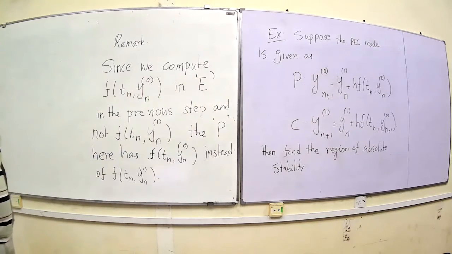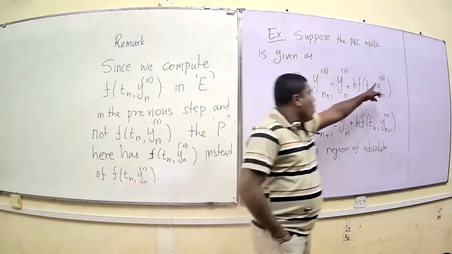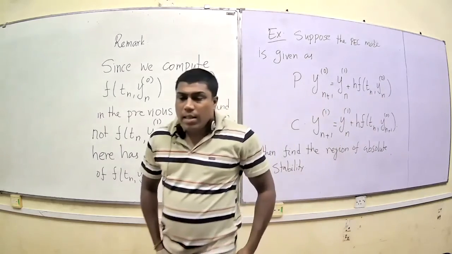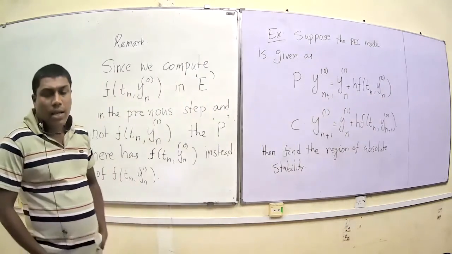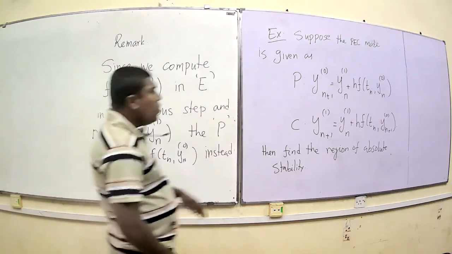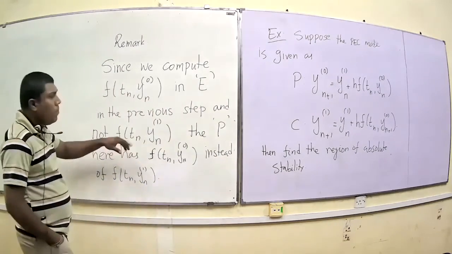But remember, if I were writing the explicit Euler method correctly, I should put 1 here. In the previous example, I put 1. But the reason I am not putting 1 here is that when you are doing a real computation, you do not compute this at any step.